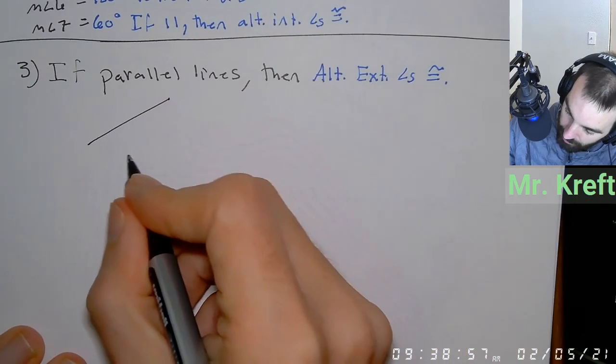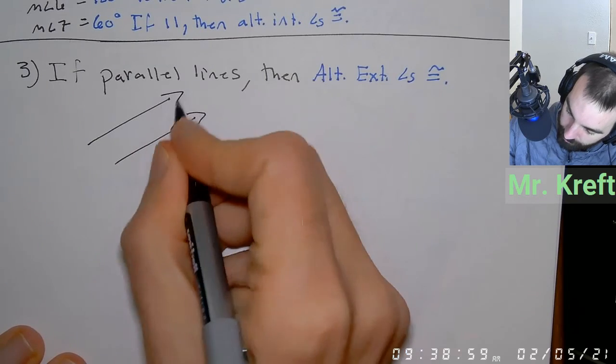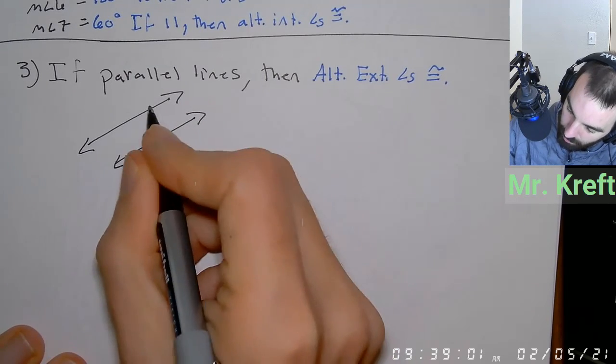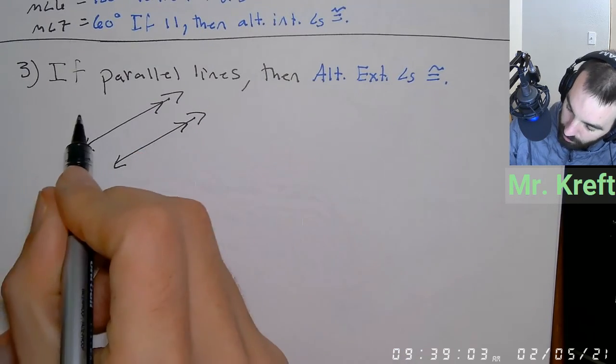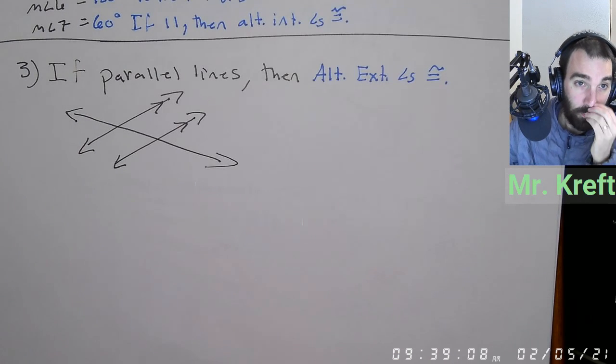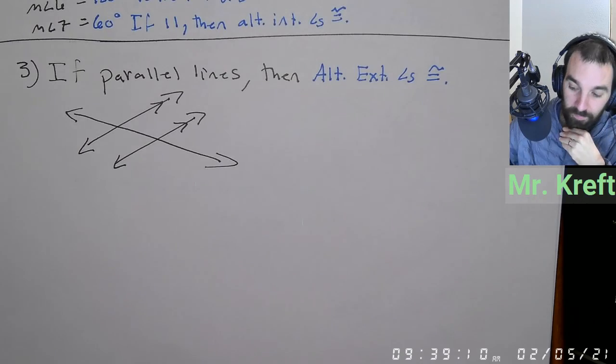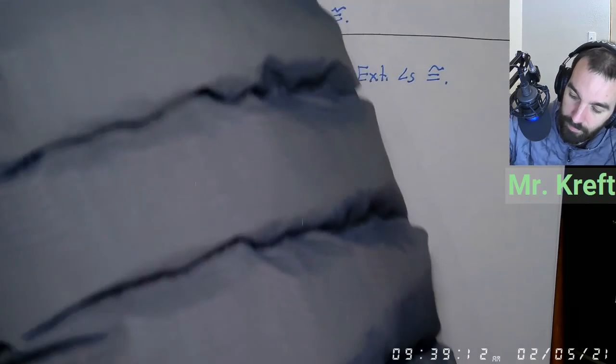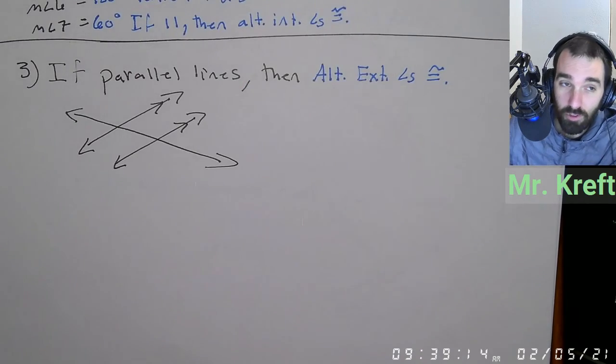So what does that look like? Well, I'm going to draw a pair of parallel lines with a transversal. And I'm just going to draw some stars.